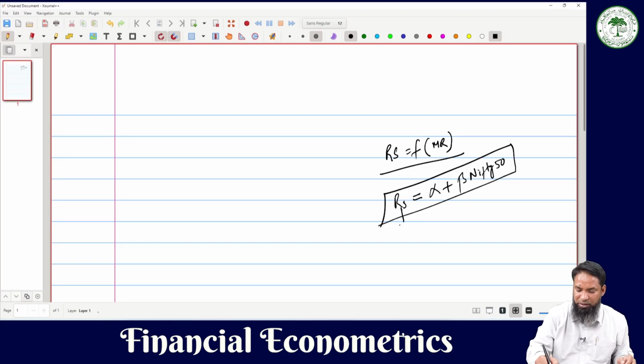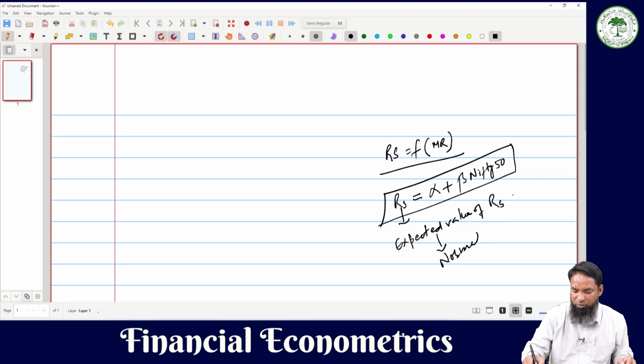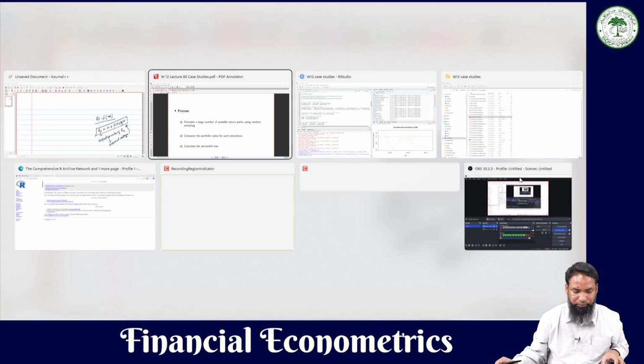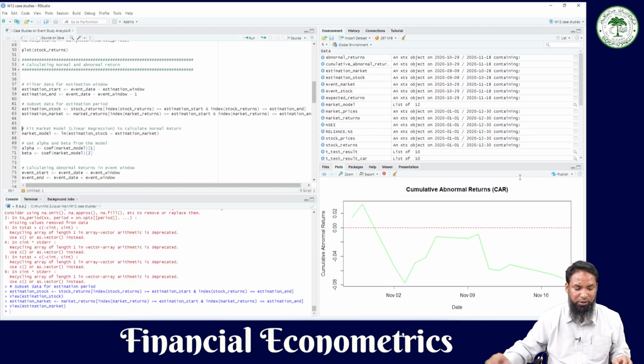Through this we will take the expected value of the Reliance return, which is nothing but what we defined as the normal return in event study analysis. So for the normal return, we use the market model to calculate it. So that is what we have done here, fitting the market model.